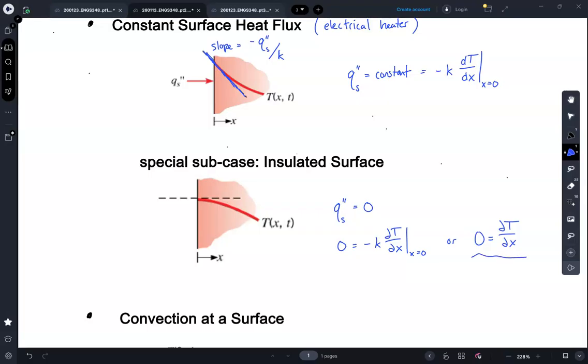And 0 equals the slope of the temperature evaluated, again, at that surface. So you can see here the slope at the surface, as is shown, is 0. It's flat.